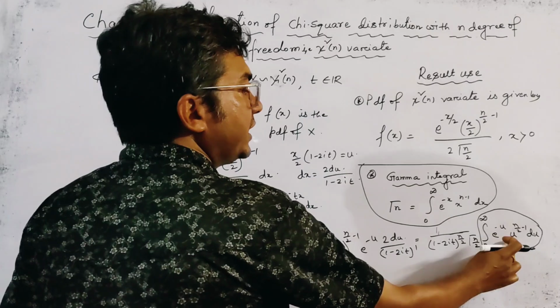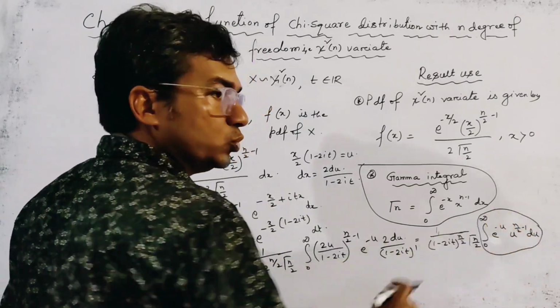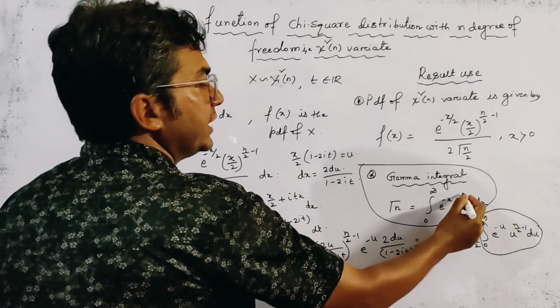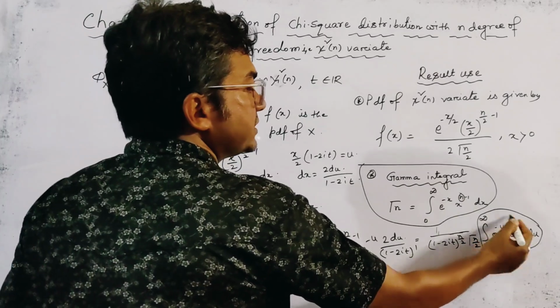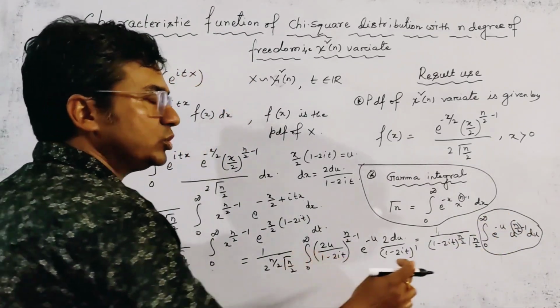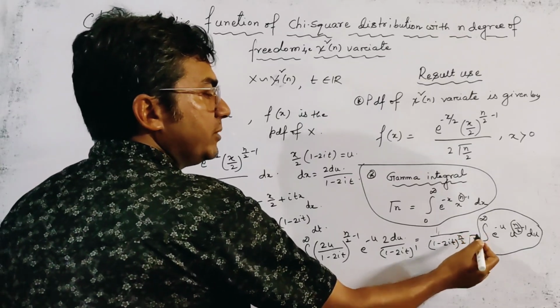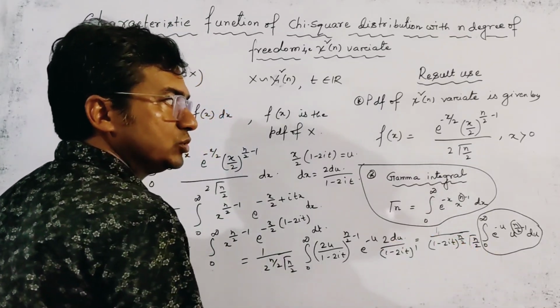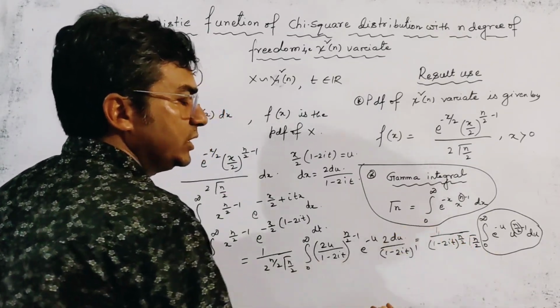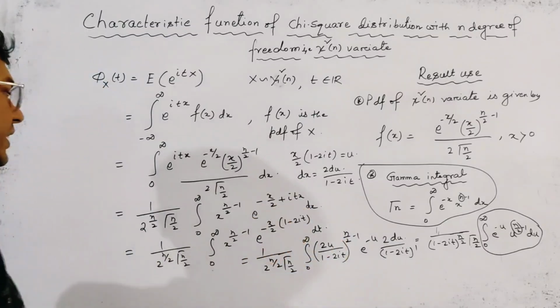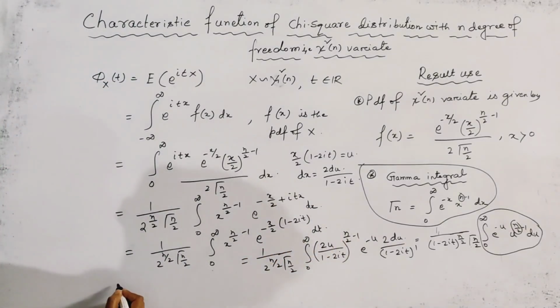Here, in this place we have n by 2 instead of n, so the integration value is gamma n by 2, and this gamma n by 2 cancels out with the gamma n by 2 in the denominator. So we get the characteristic function of the chi-square n variate as 1 by 1 minus 2 i t whole to the power n by 2.